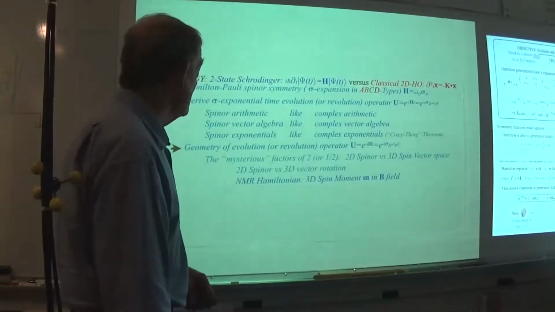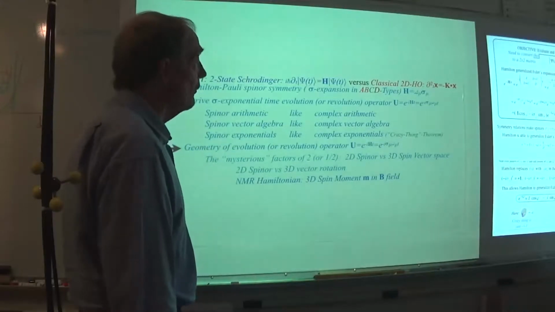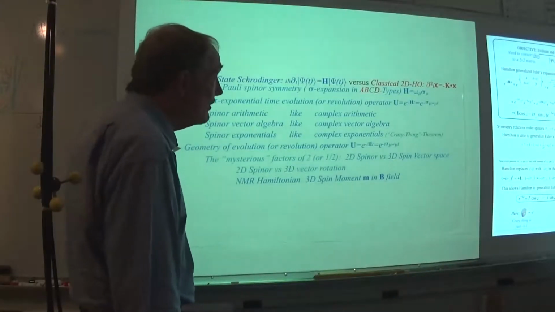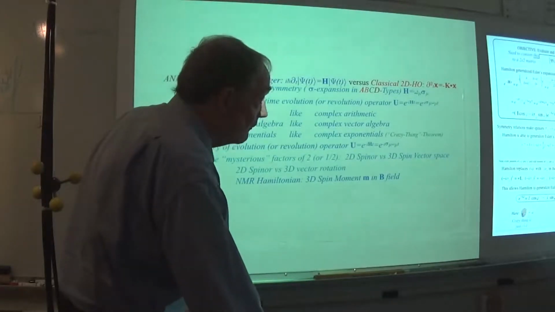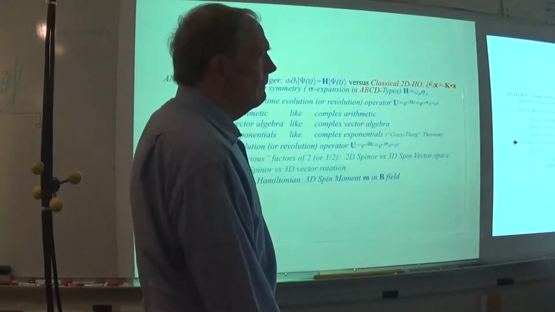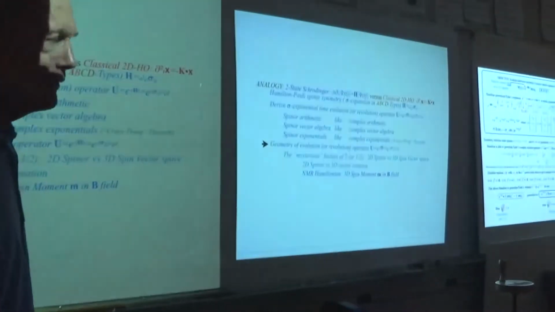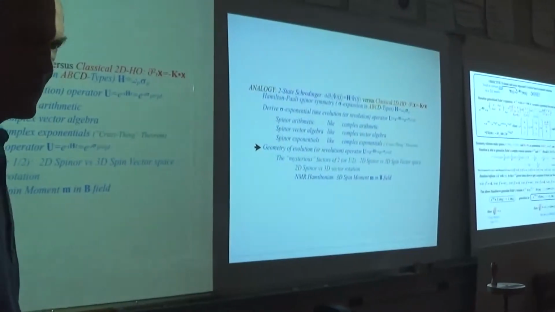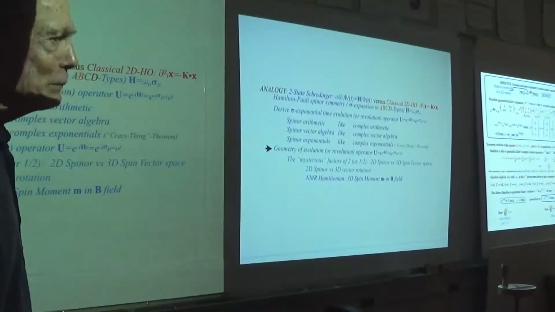Okay, well, we need to show that this thing is a rotation operator in some kind of weird space. That's the first order of business. And then we discover that because one space is kind of the square root of the other space, or vice versa, the square of the other space, we're going to get a factor of 2 in a lot of places.